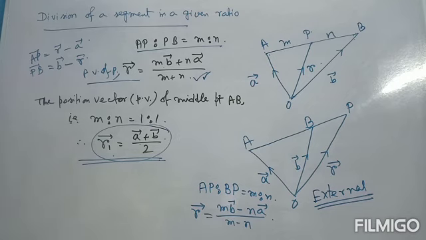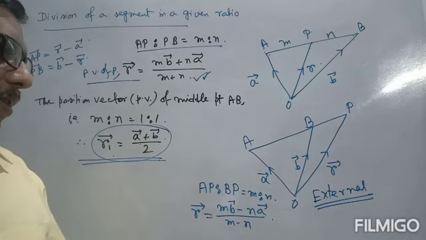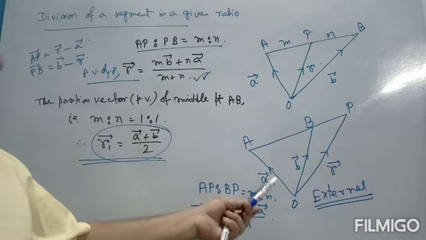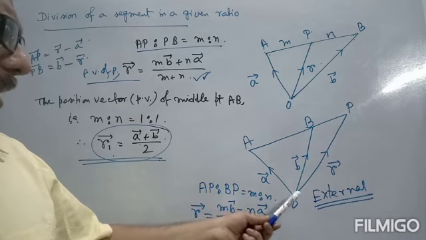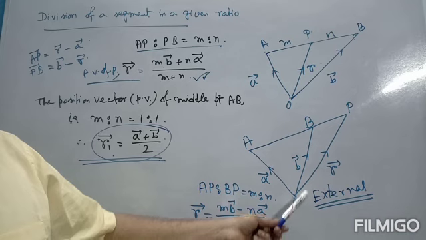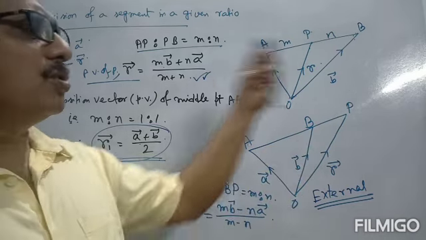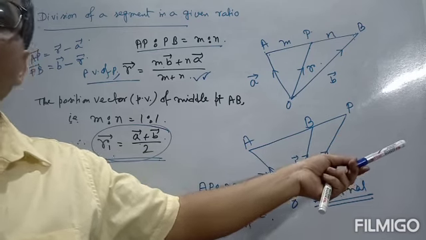Now the question is the external division. For external division, P is a point outside AB. Like that, position vector of A is a and position vector of B is b, and position vector of P is r. P lies outside the line segment AB.